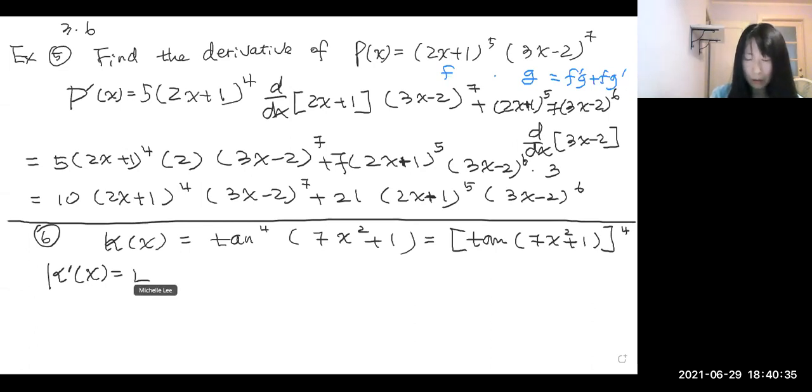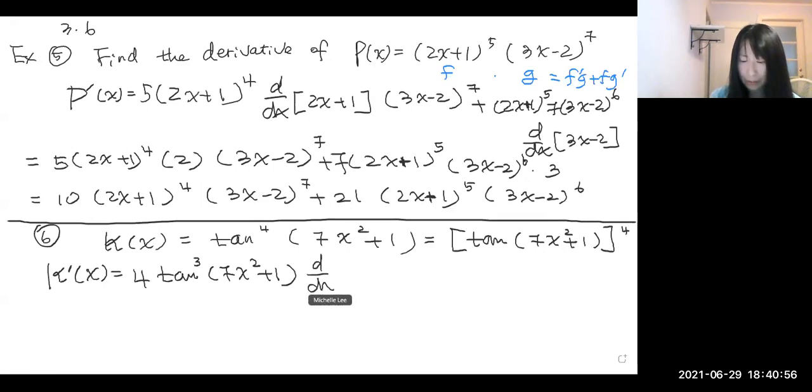So 4 tan(7x squared plus 1) to the 3rd power. Now, we did not take the derivative of tangent yet, right? So we do the derivative of whatever is inside the bracket, because we just dealt with the power. So we do tan(7x squared plus 1).